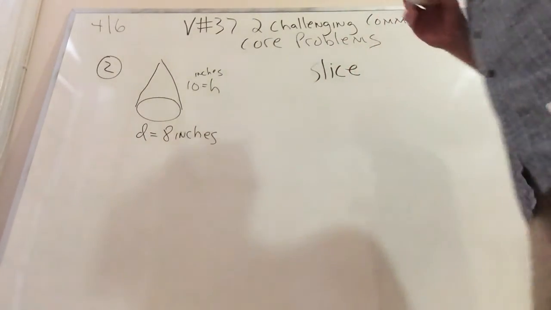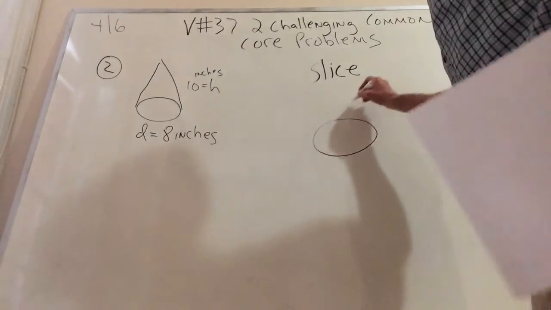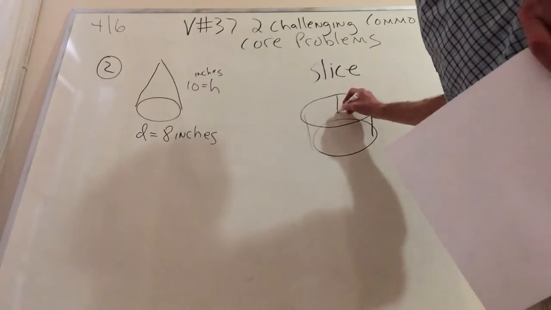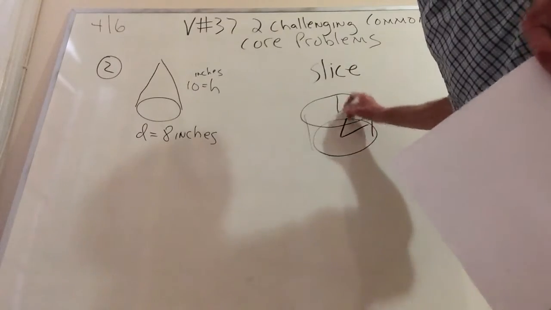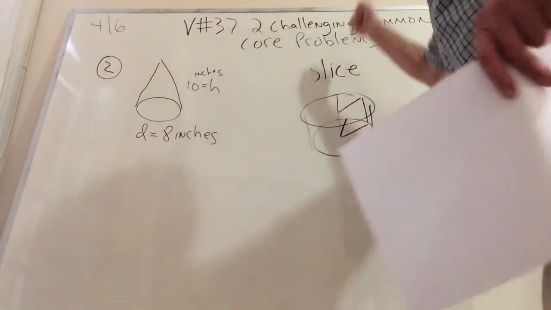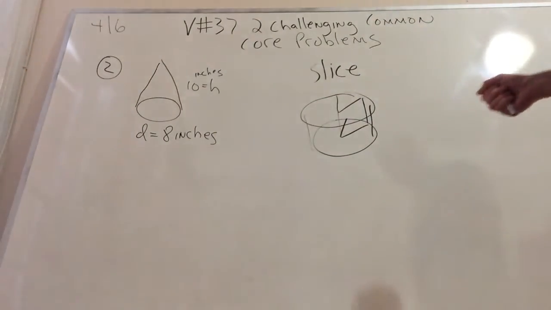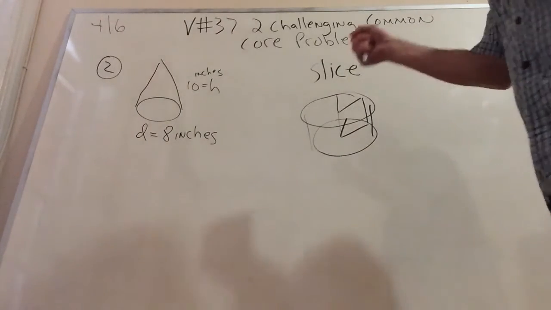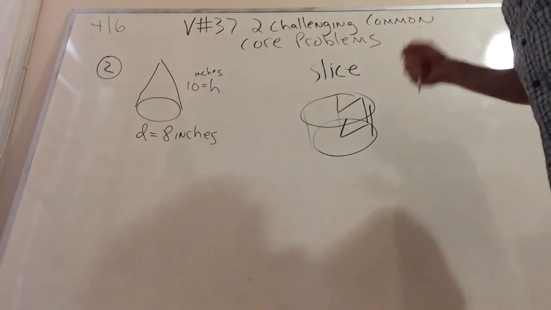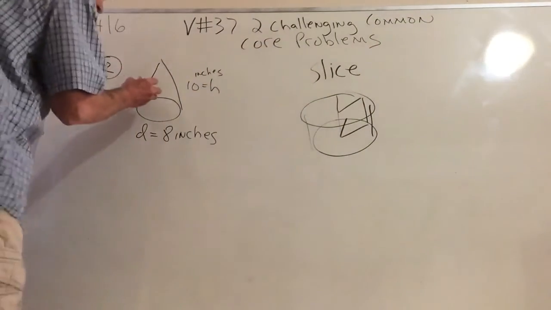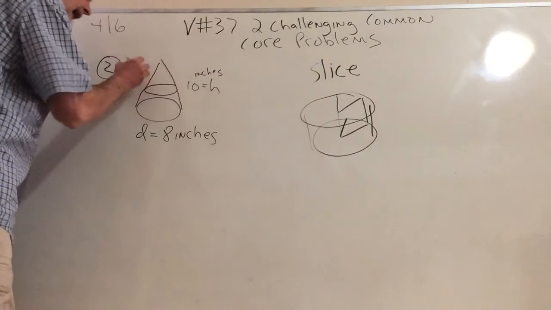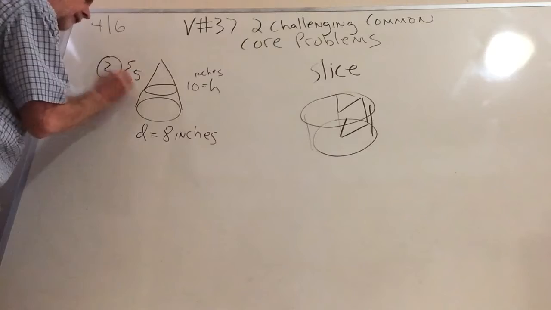Like you slice your cake, there's your birthday cake, and you cut out a piece of it. That's a slice. We'll talk more about that in another lecture, but they like the idea that you'd slice something. And this guy, I'm going to slice him horizontally, laterally, if you like that word, right here at 5 inches.